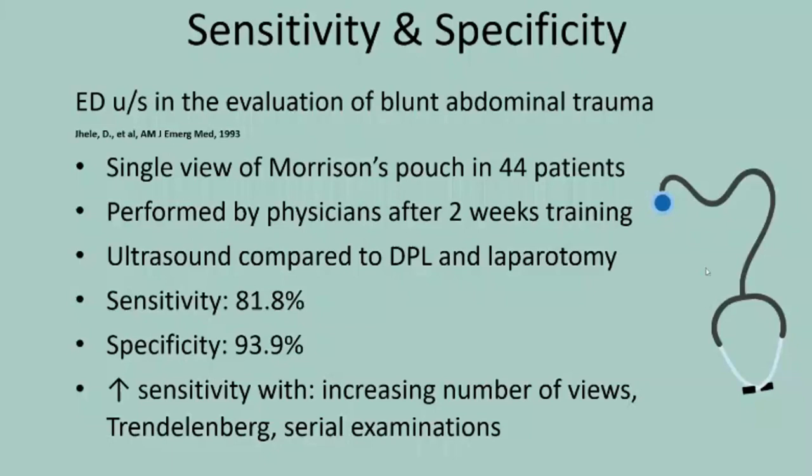The outcomes used were ultrasound detection of a hemoperitoneum or pericardial effusion. The results showed a sensitivity of 81.8% and a specificity of 93% for detecting free fluid. It was very good and useful in blunt trauma patients specifically.